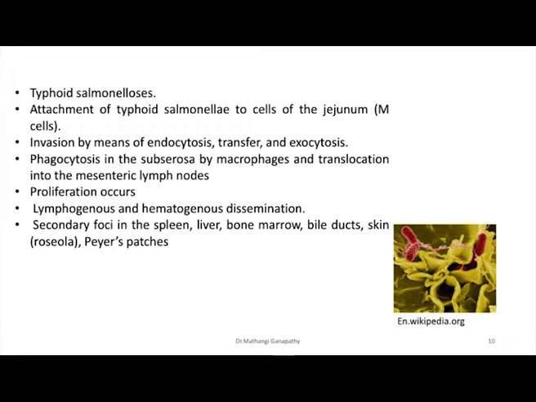The organism proliferates in the lymph nodes. Then from there it spreads by lymphogenous and hematogenous dissemination. The secondary foci would be the spleen, the liver, the bone marrow, the bile ducts, the skin, and the Peyer's patches.